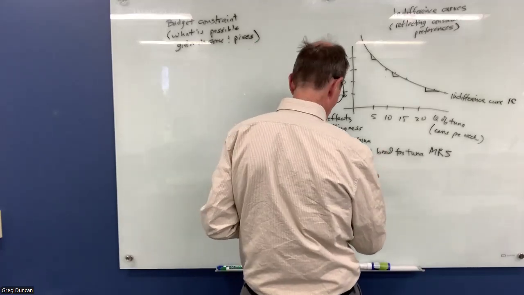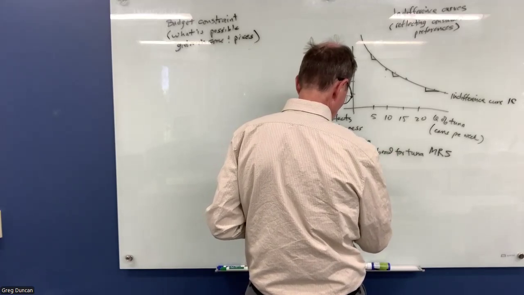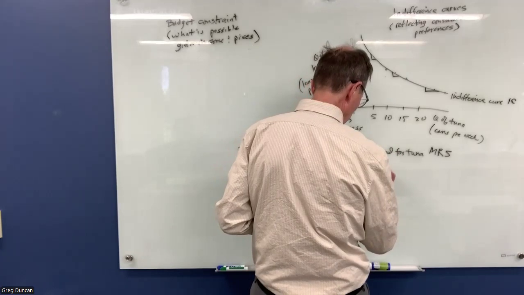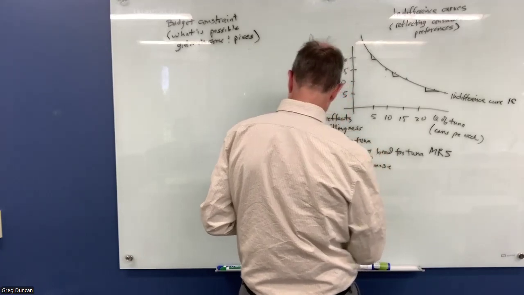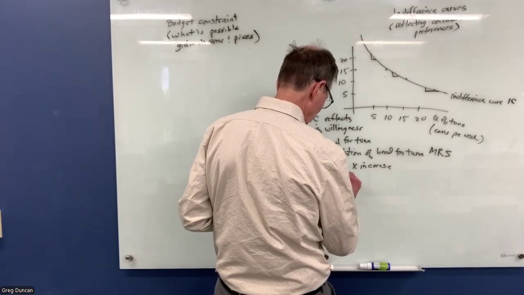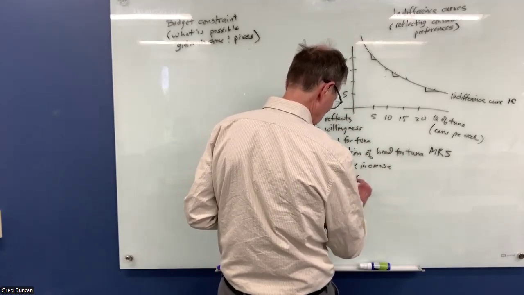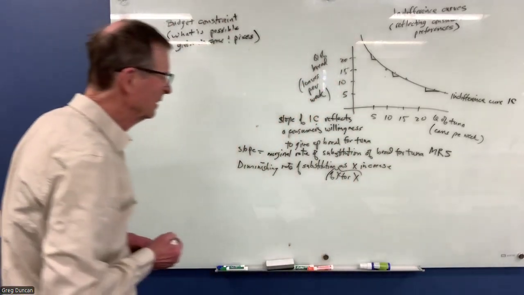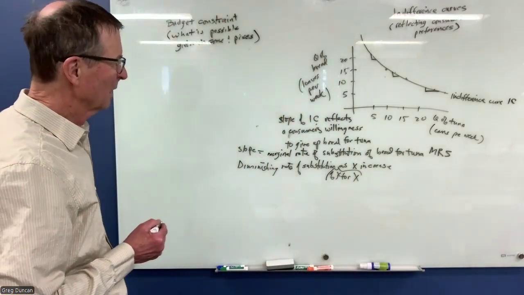As in this case, X increases. Marginal substitution of Y for X as X increases. And what's the logic here?